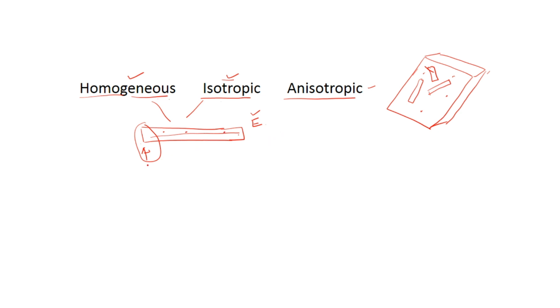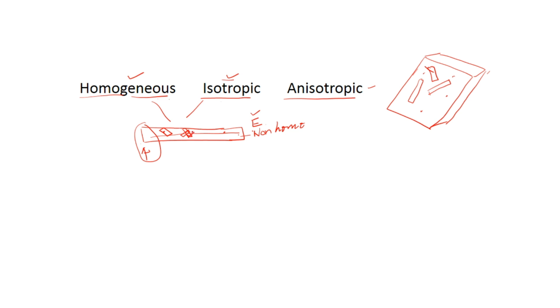So when we heat a rod to quite a high temperature, it becomes non-homogeneous. If we again measure the properties by taking specimens in this direction or this direction, the material properties will be the same.